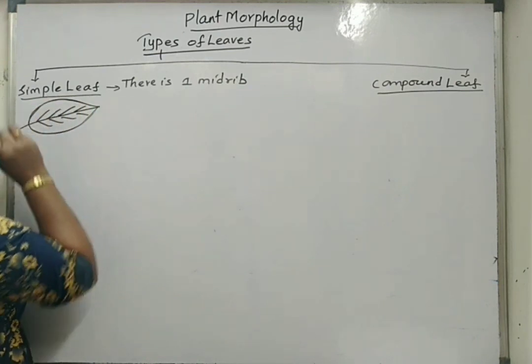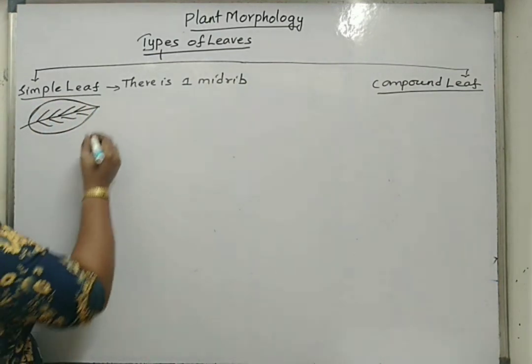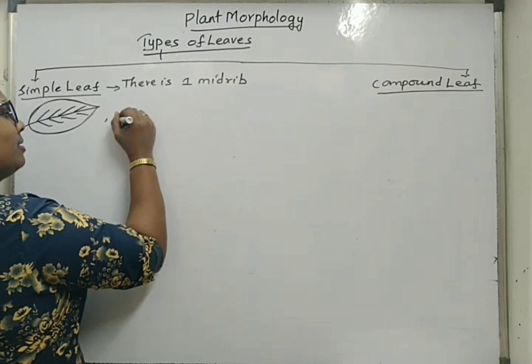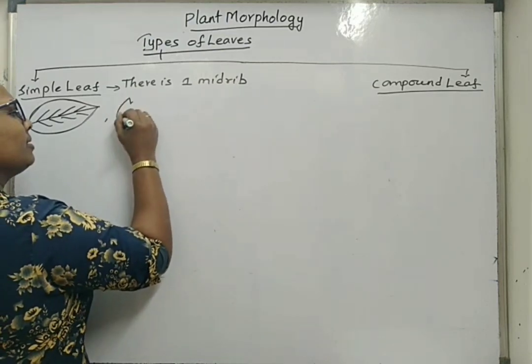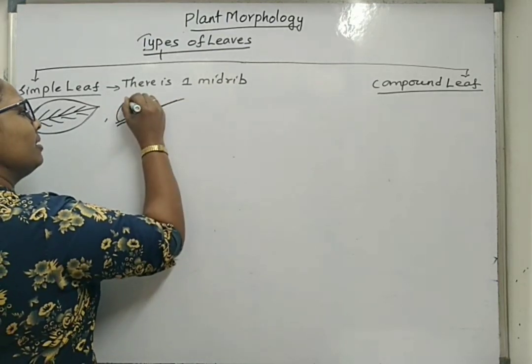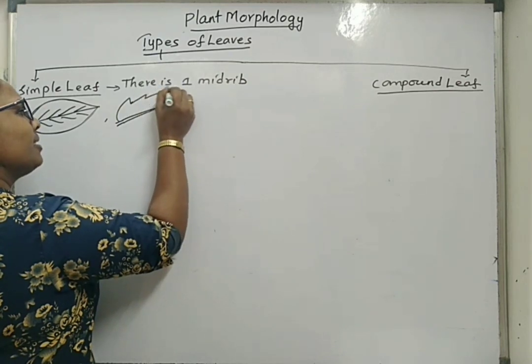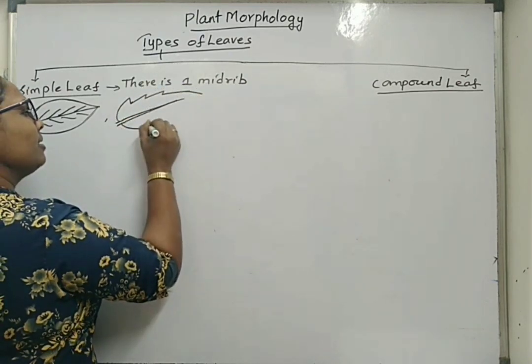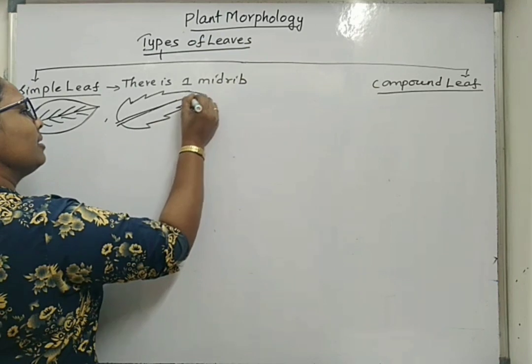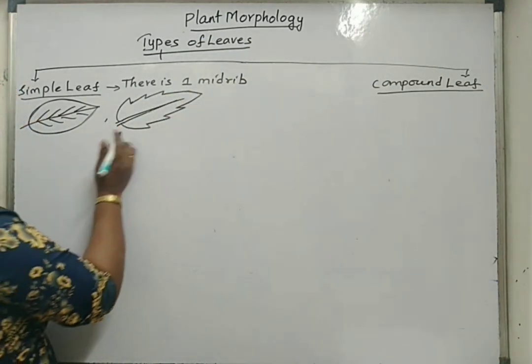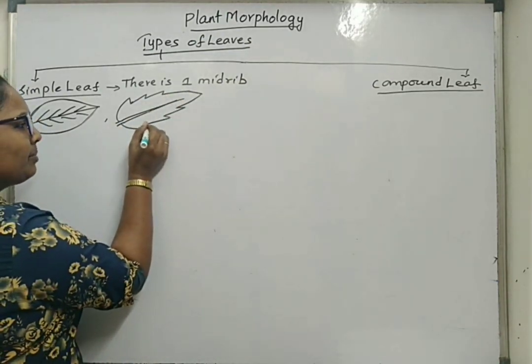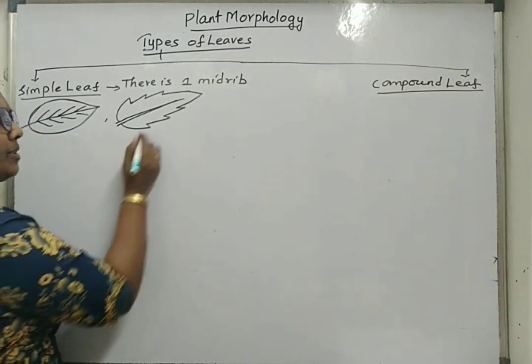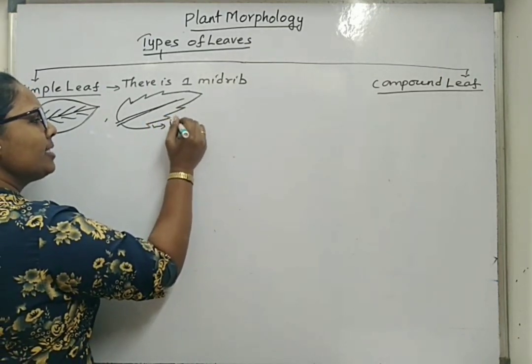It is smooth. But in some leaves, there are some cuts like this. We can see some types of cuts like this in some types of leaves. So, these are called incisions.